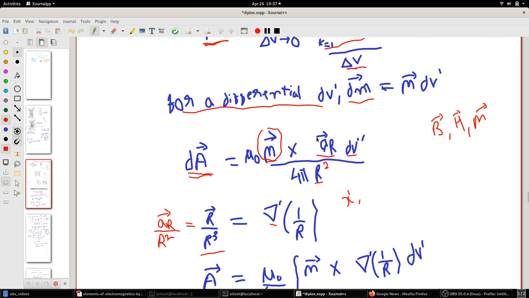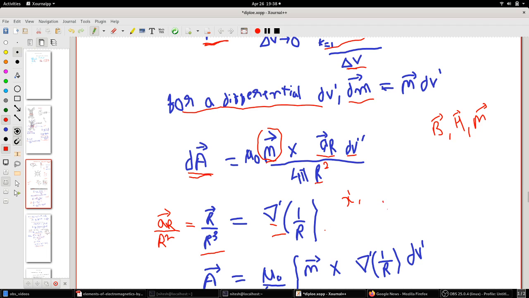Then M dV prime is the summation of all the magnetic dipole moments for that volume. So mu 0 M cross a_R dV prime divided by 4 pi r squared is your dA. I know that the a_R vector divided by r squared is equal to the r vector divided by r cubed, which is del prime of 1 by r.